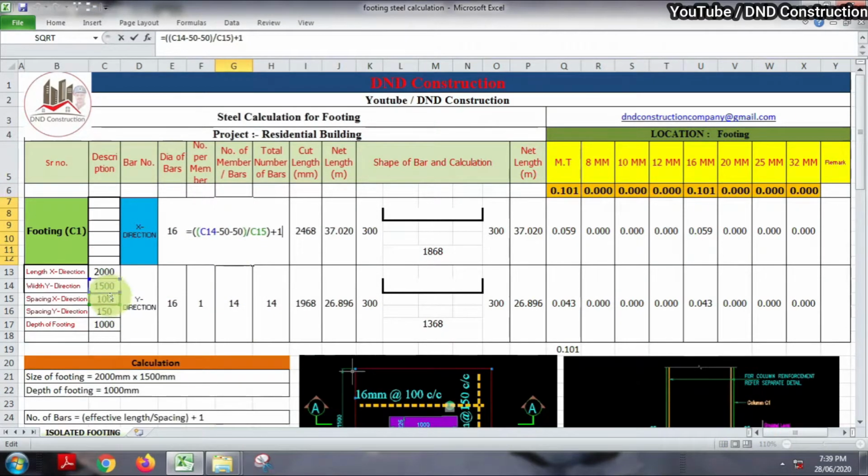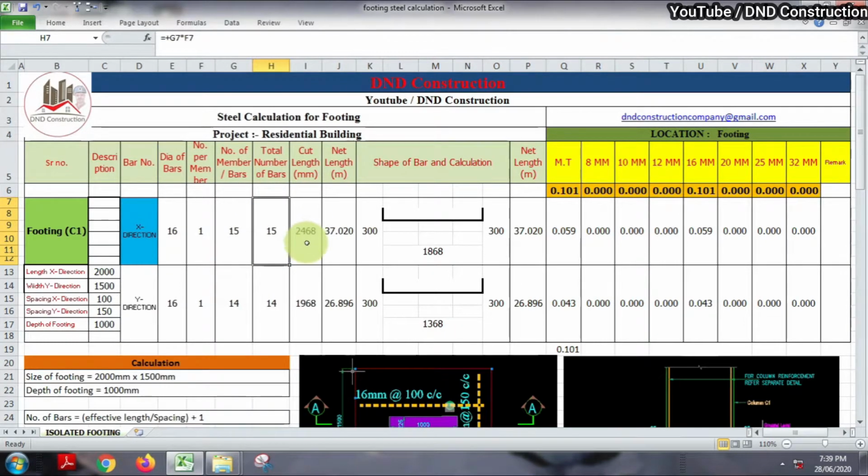You can see, the X direction, Y direction length, C14, minus both side cover, divided by the X direction spacing plus 1. As you can see, this is the formula. So directly we will get 15 numbers. And if only one member is there, then the total number of bars is 15 numbers.